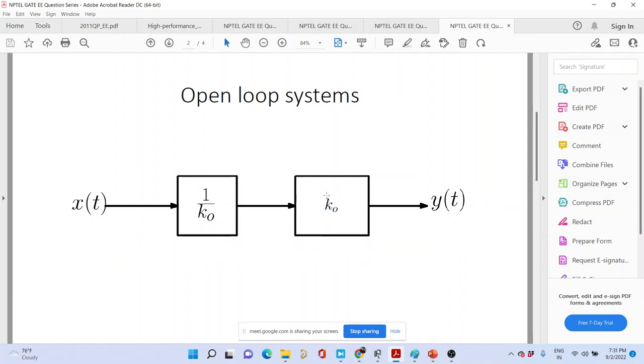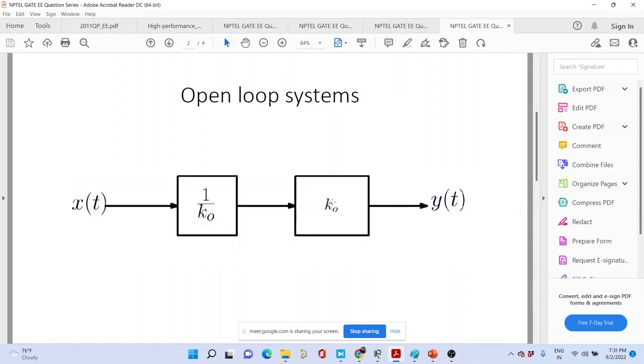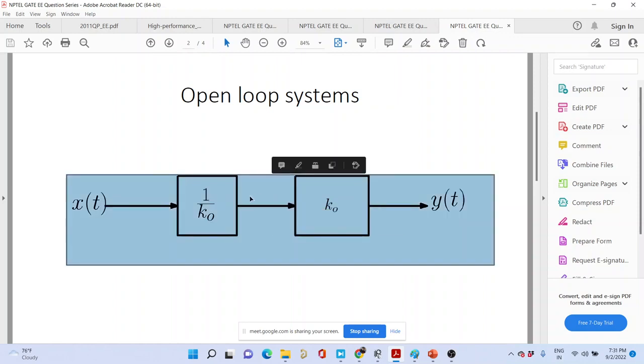This factor k varies to a great extent. It can vary from 10 and go down to 2, so it can vary by a factor of 5. In such a case the error would be around 80% when there is uncertainty in the gain of the plant that we are talking about.